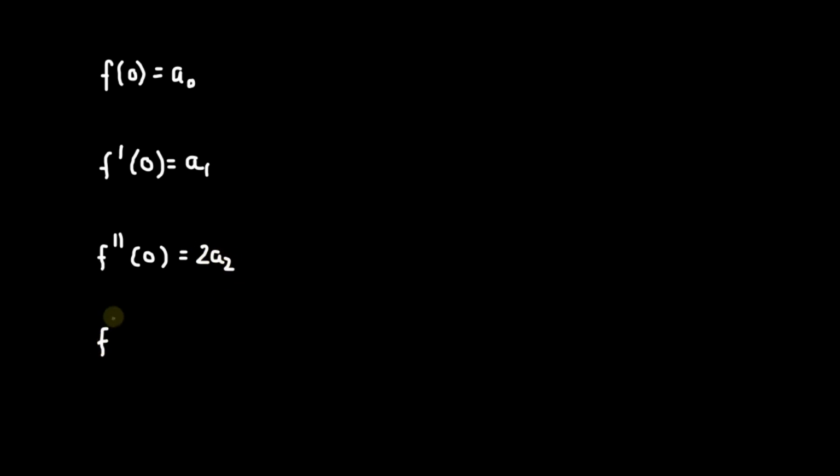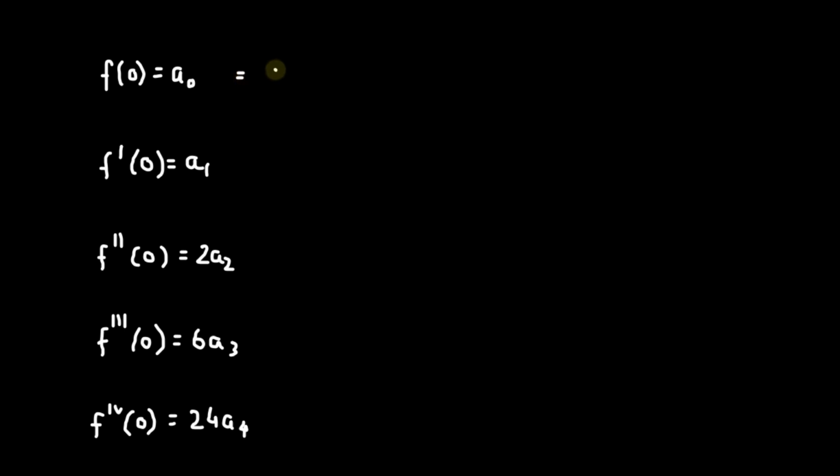F triple prime 0 gave us 6a3, and the fourth derivative of f calculated at x equals 0 gave us 24a4.